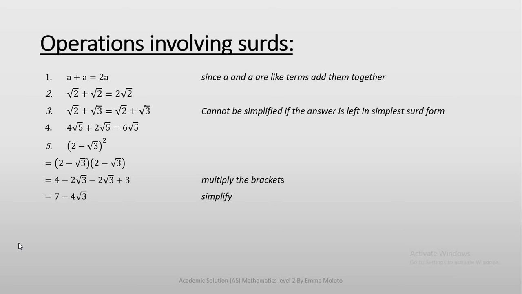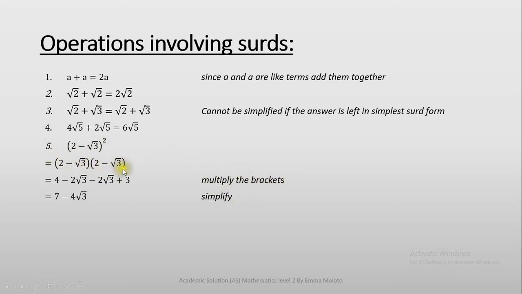Number 5, we have 2 minus the square root of 3, all to the exponent 2. So the next step, they split this because of this 2. So that's why we have 2 minus the square root of 3 and 2 minus the square root of 3. The next step, they multiplied the brackets.